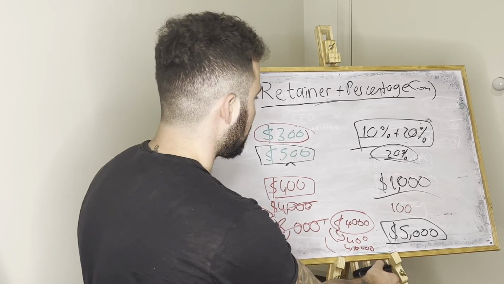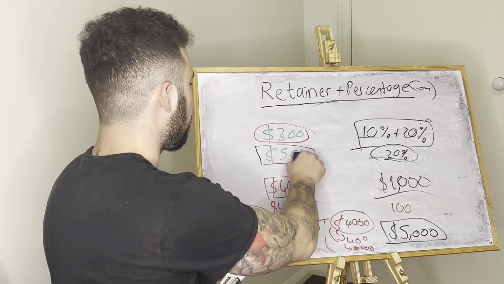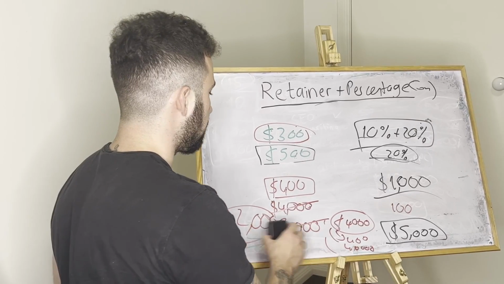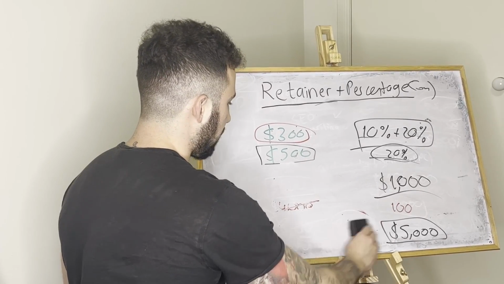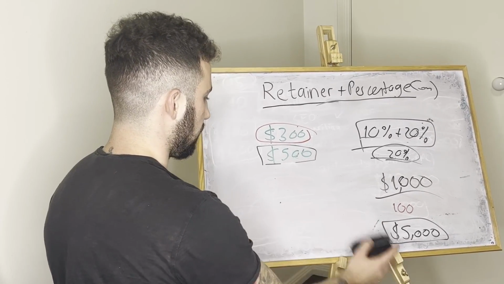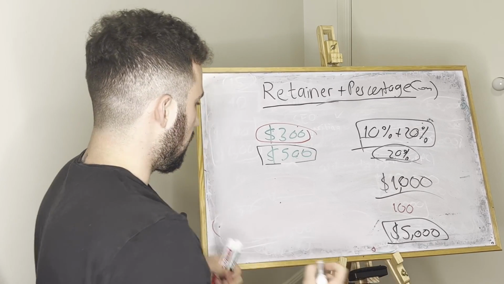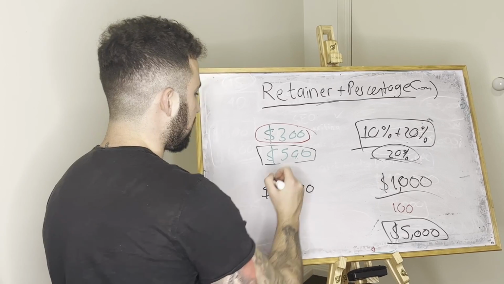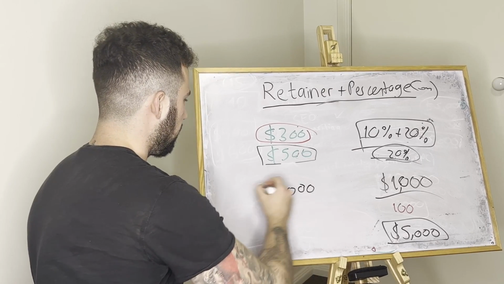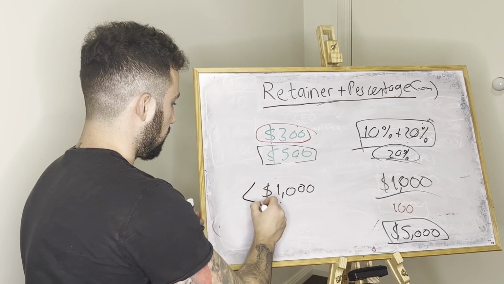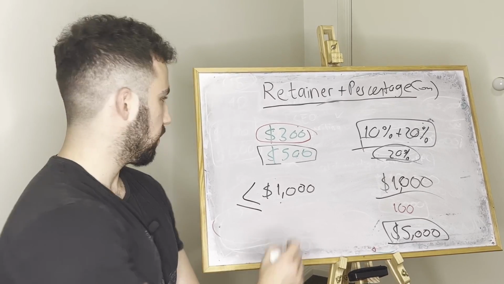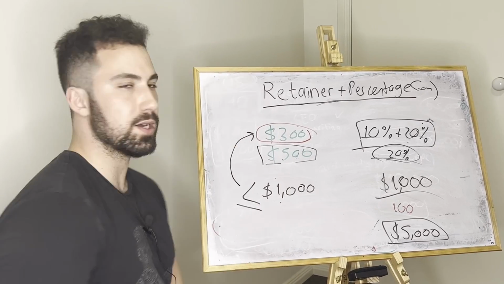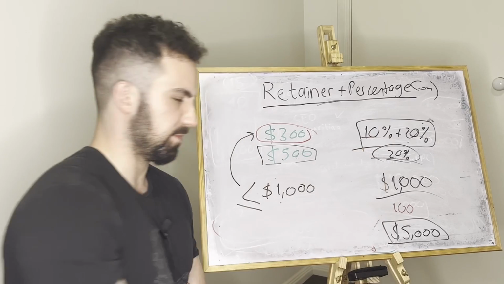So you might be asking, Jim, it's kind of confusing. You're saying 500 on some, 300 on some. What is the benchmark for that retainer change? Let me tell you. If they're spending 1,000 and below, you're going to charge 300 retainer plus 10%.